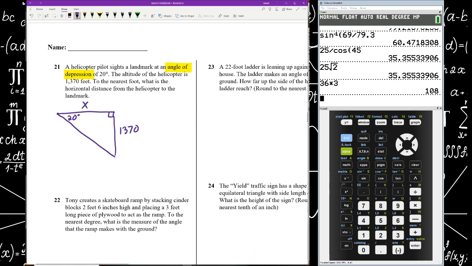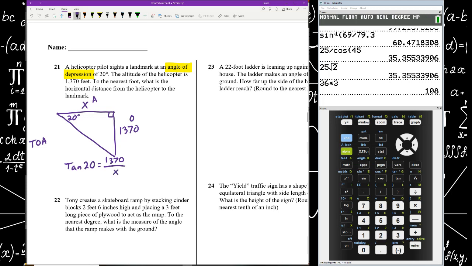Horizontal distance is just a flat line. So we want the top part. Setting this up, x is next to the 20, but is not the hypotenuse, so that is the adjacent. 1370 is the one across, so it's opposite. Opposite and adjacent takes us to tangent. So we're going to do tan 20 equals 1370 over x. The variable's on the bottom, so we switch.